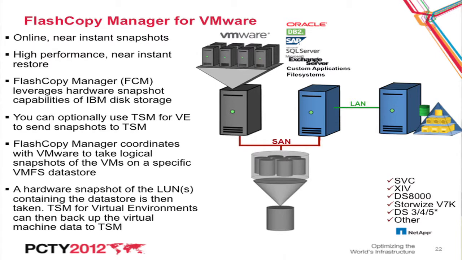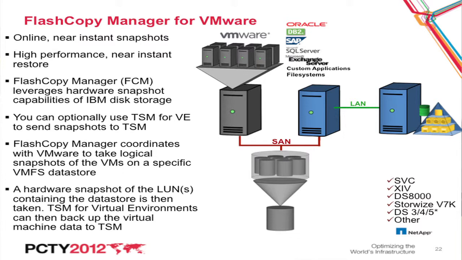Okay, let me talk briefly about FlashCopy Manager for VMware. A lot of the same kind of processing, but with hardware snapshotting. The TSM for Virtual Environments, I said, is using that FastBack software snapshotting capability. Again, this is very, very similar, but with hardware snapshotting. In fact, we had to do the same coding to the vSphere API with FlashCopy Manager in addition to TSM for Virtual Environments.